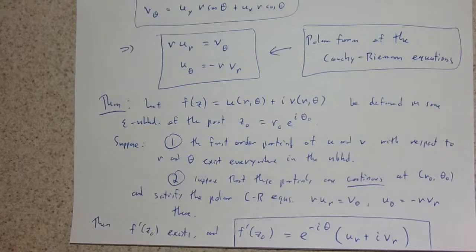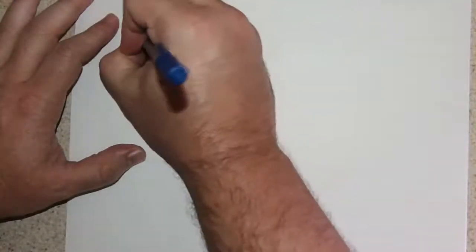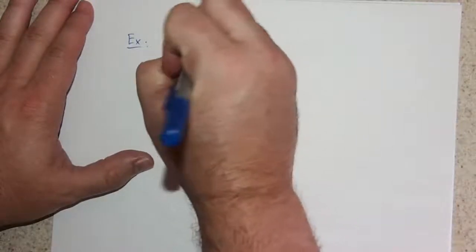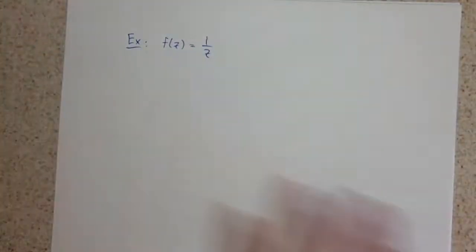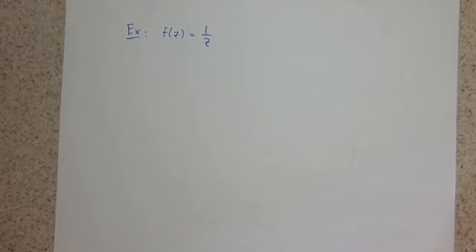So what's an example of applying this theorem? So maybe I'll just do one example here. Okay, so here's an example. There's another useful example in your textbook that involves third roots, but I'll skip that one for now. So let's look at the function f of z, which is 1 over z. This is a function that doesn't necessarily have a nice rectangular form, but in polar form this actually isn't too bad at all.